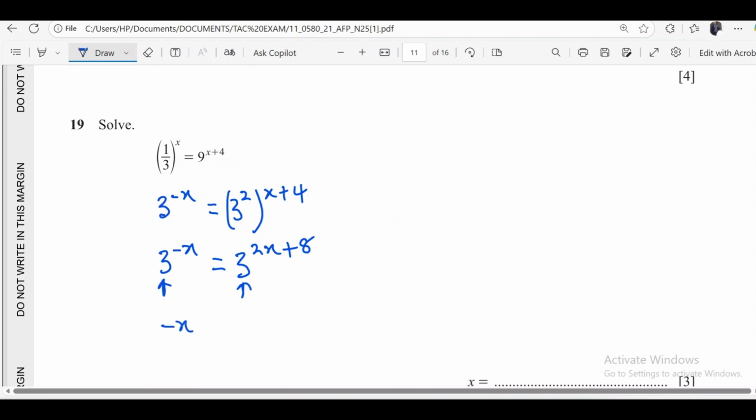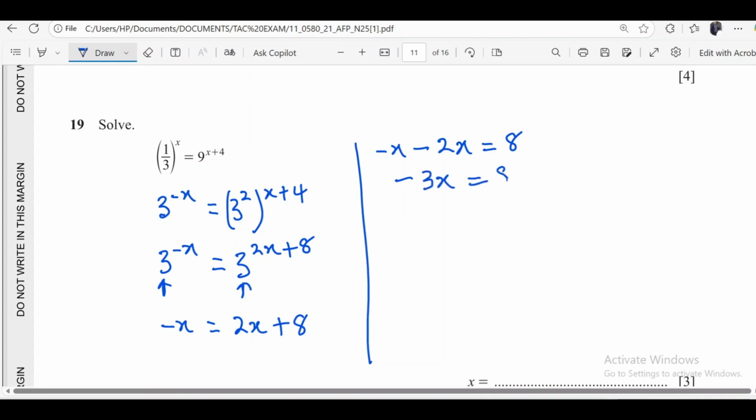So we can equate the powers. So we have minus x equals 2x plus 8, and then if you collect like terms here, you're going to have minus x minus 2x equals 8 here. And so what would this give to us? This is minus 3x equals 8.